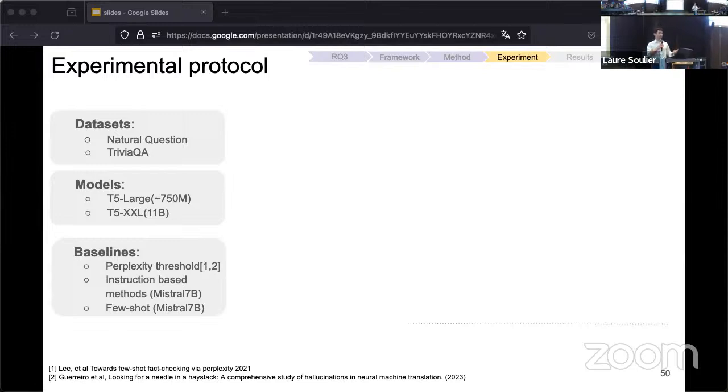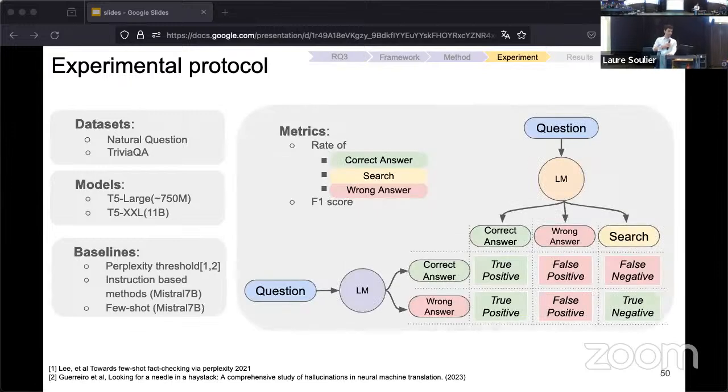These are models that are given a prompt and an instruction to perform a given task, and also against a few-shot method. For the metrics, we measure the rate of correct answers, but also the ratio of search and wrong answers. And we also measured an F1 score that basically tells if we were able to mask correctly only the wrong answers, but leave the correct answers unchanged.